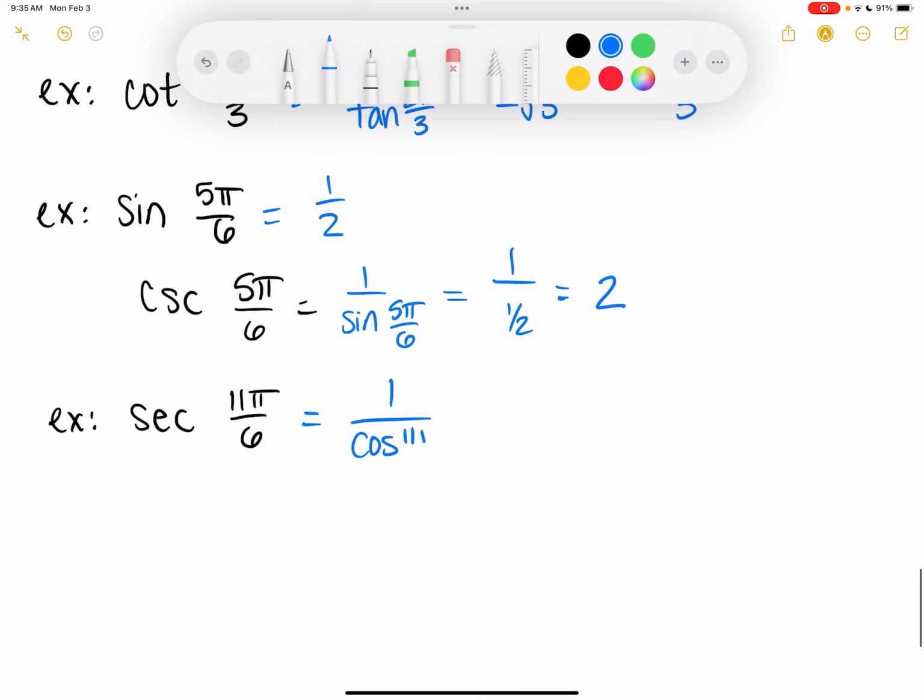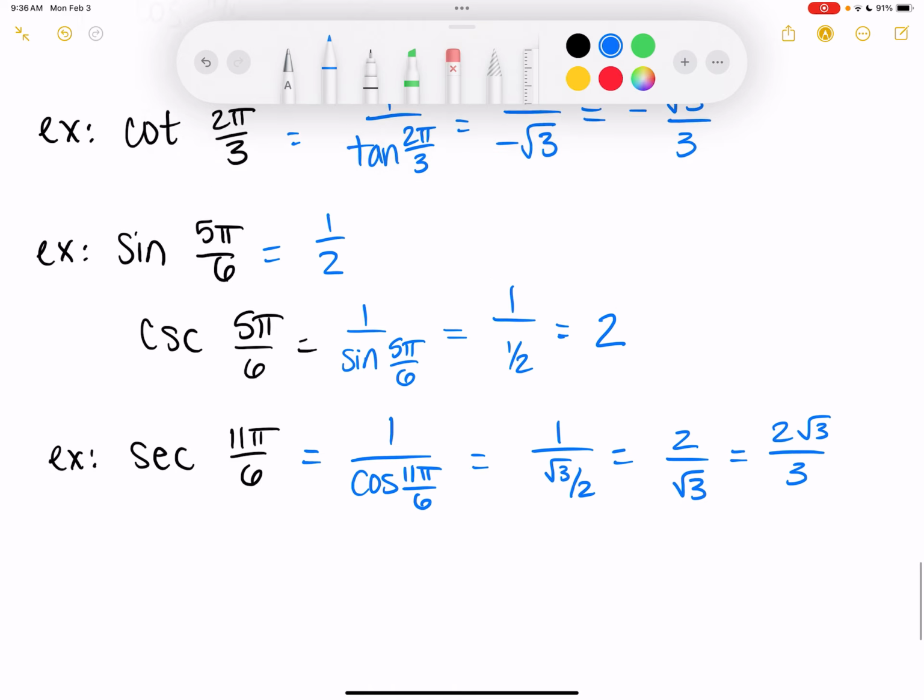What's the cosine of 11 pi over 6? Root 3 over 2. Yep, so 1 over root 3 over 2. So when I keep, change, flip, I end up with 2 over root 3, which I've got to rationalize. So these end up being 2 root 3 over 3.